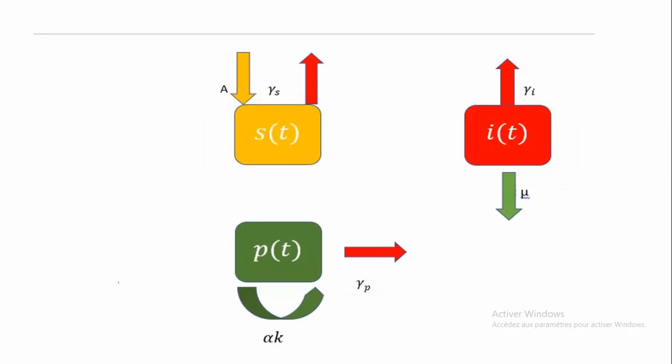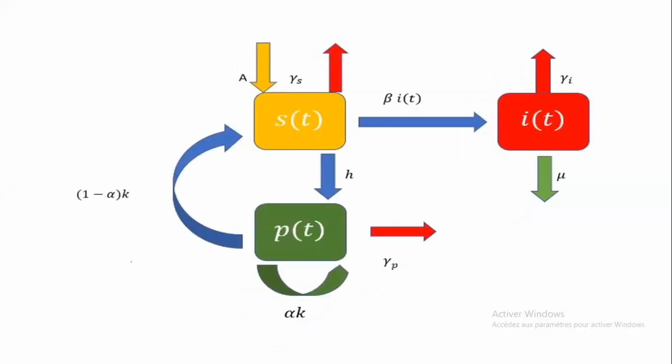Alpha is the possibility to return again to the class of protected. K is the rate of losing protection. H is a function which represents the rate of protecting. Beta I is the transmission rate.